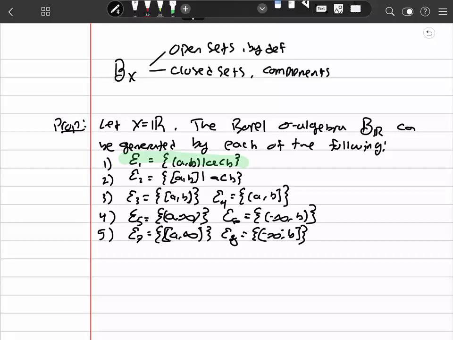If we look at all sigma algebras containing all of our closed sets, we'll get the same sigma algebra that we got in case 1. And similarly, if we look at all the other cases too. So the sigma algebra generated by any one of these collections of sets is going to give us the same Borel sigma algebra.